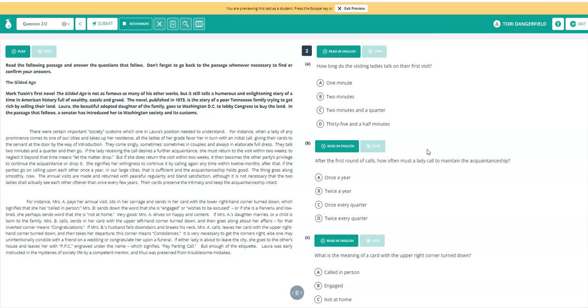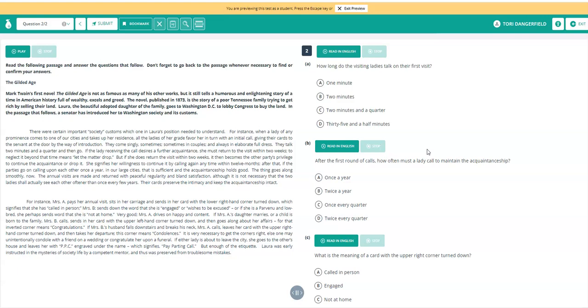If Mrs. B's husband falls downstairs and breaks his neck, Mrs. A calls, leaves her card with the upper right-hand corner turned down, and then takes her departure. This corner means condolences. It is very necessary to get the corners right, else one may unintentionally condole with a friend on a wedding or congratulate her upon a funeral.